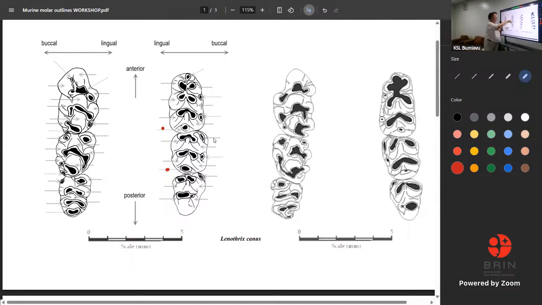This is your anterobuccal cusp, and this is the cusplet down the bottom. And there are no cusplets on the third molar.